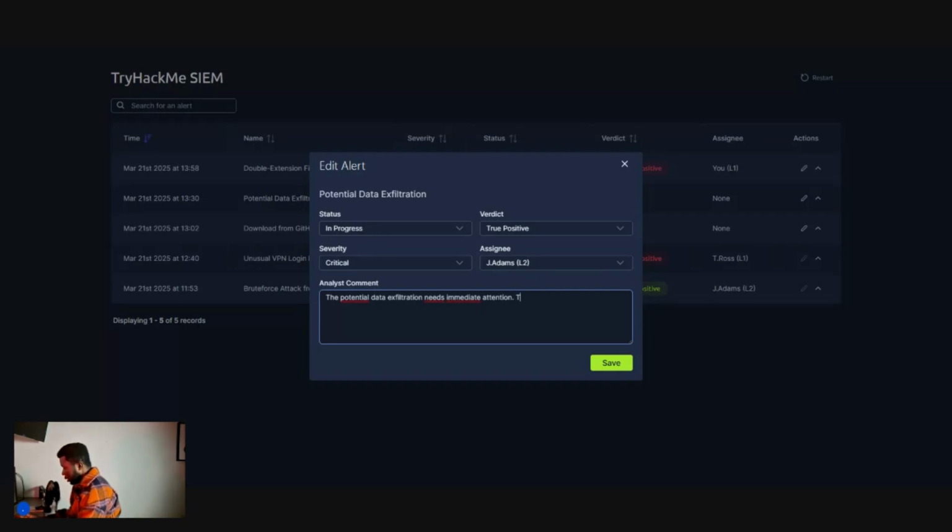There is need to know the IP address that is taking out this data and the destination.